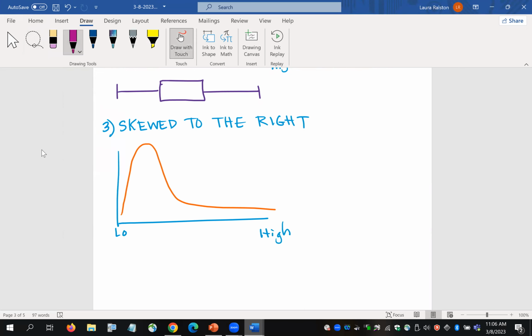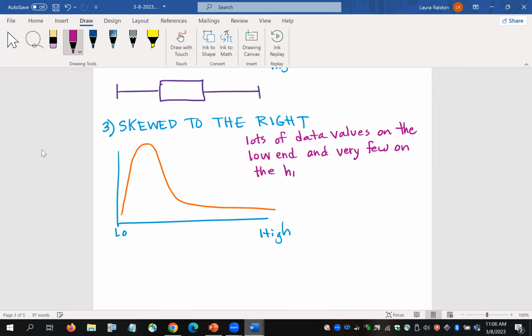Okay, so for skewed to the right, you have lots of data values on the low end and very few on the high end.